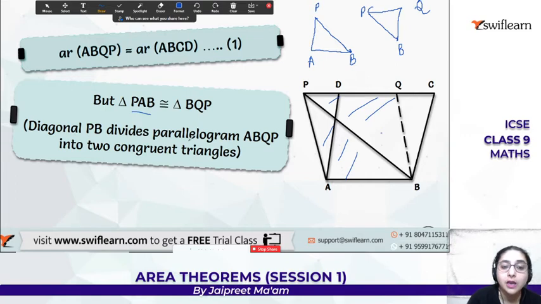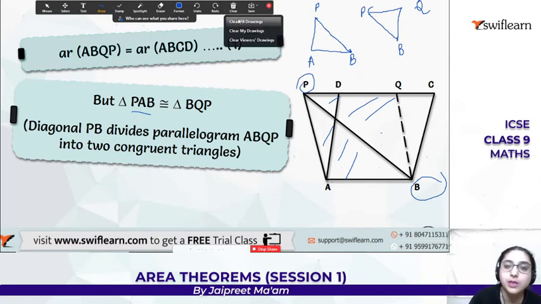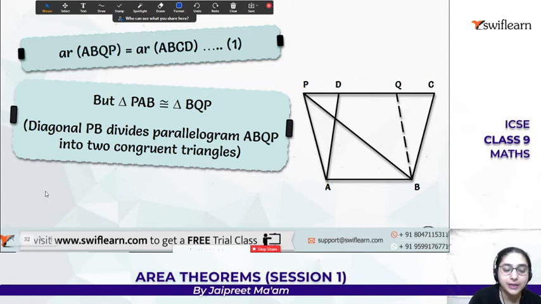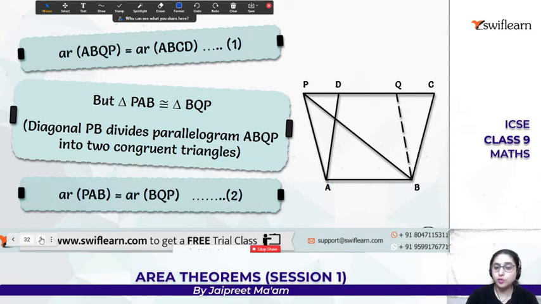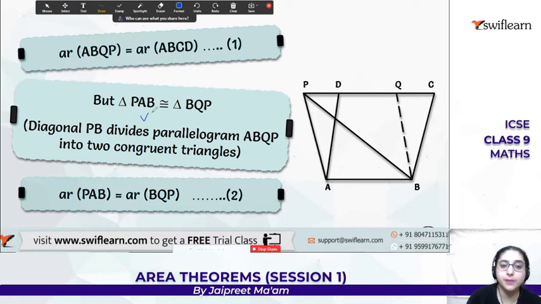Diagonal BP divides the parallelogram ABQP into two congruent triangles, because the line PB divides the parallelogram into two triangles on the same base. That means the areas of both triangles will be the same, and we will put it as equation 2.